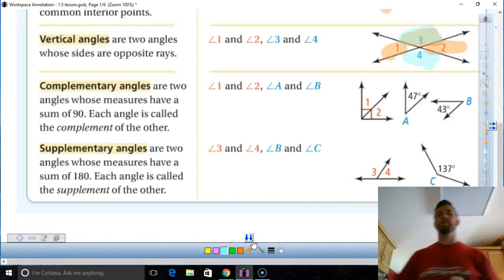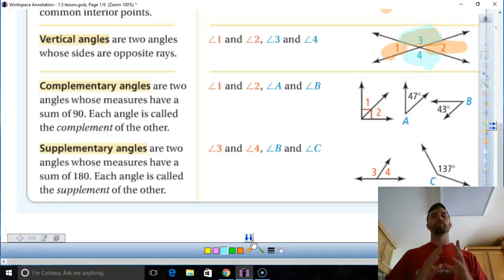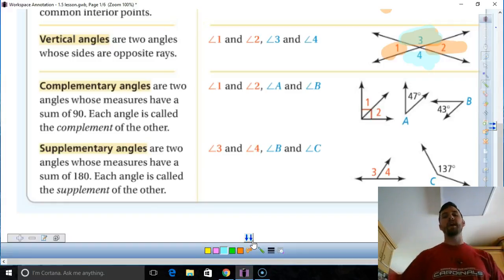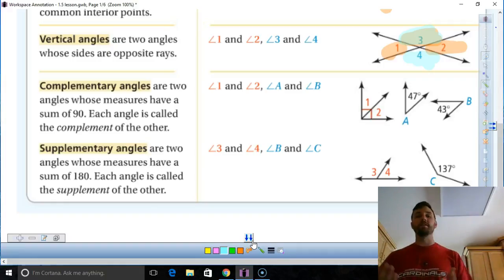Alright, next one we're going to look at complementary angles. Those are two angles that add up to 90 degrees. Now, you can see the example of 1 and 2, they're right next to each other. They're adjacent complementary angles because they share that one ray in the middle. But A and B, if you look over to the side, the 47 and 43 are still complementary.